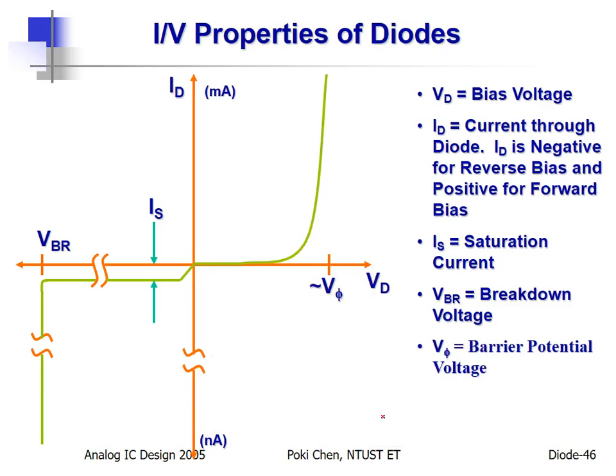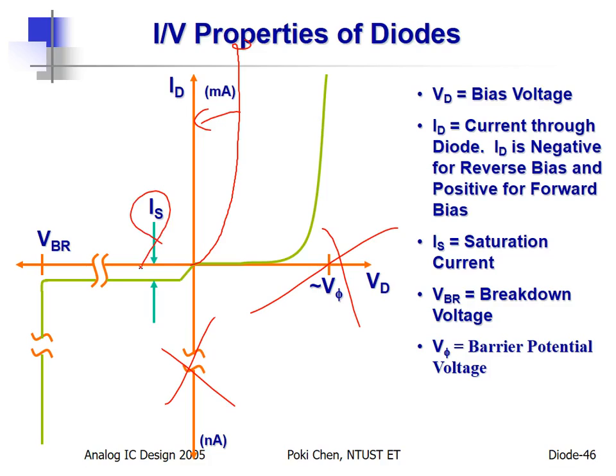This one, without zoom in, will become this, much closer to the vertical line. Without zoom in, IS is almost 0, very close to the x-axis, and then breaking down. That is real. Okay? Because how much volt here?